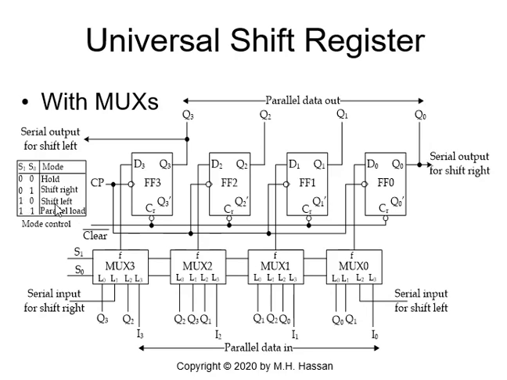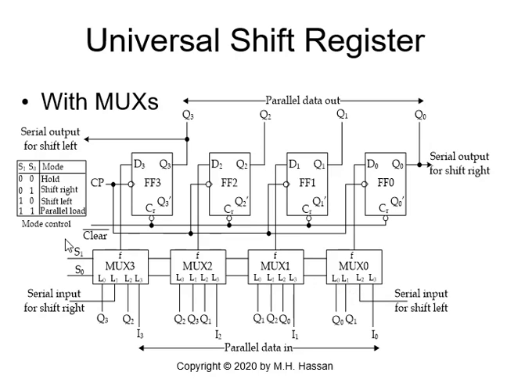If 1 0, we will shift left. D3 will get the serial input, D2 will get Q3, D1 will get Q2, and D0 will get Q1, which is correct.